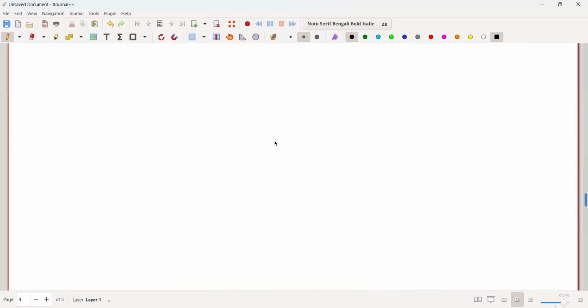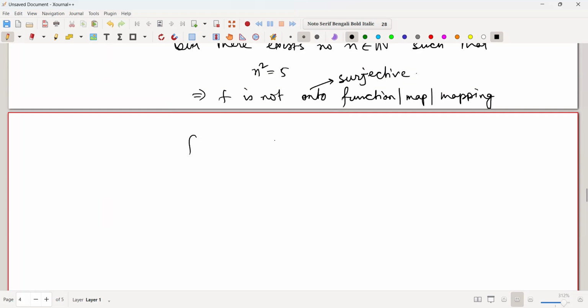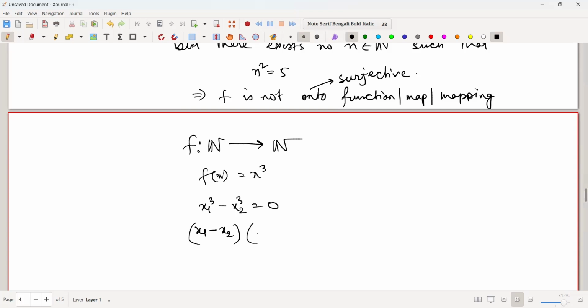So for f from natural numbers to natural numbers, f(x) is defined as x cube. Here x1 cube minus x2 cube is equal to 0. That means (x1 minus x2) times (x1 square plus x1 x2 plus x2 square) is equal to 0.